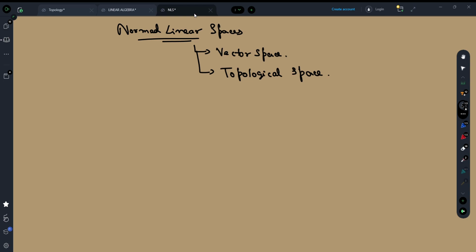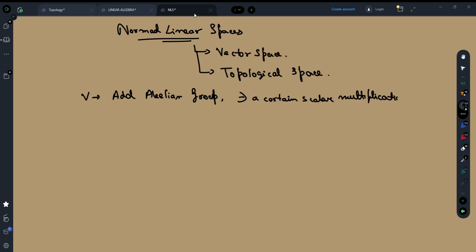So let me just discuss very briefly. A vector space is a certain additive abelian group V such that a certain scalar multiplication is defined on it.